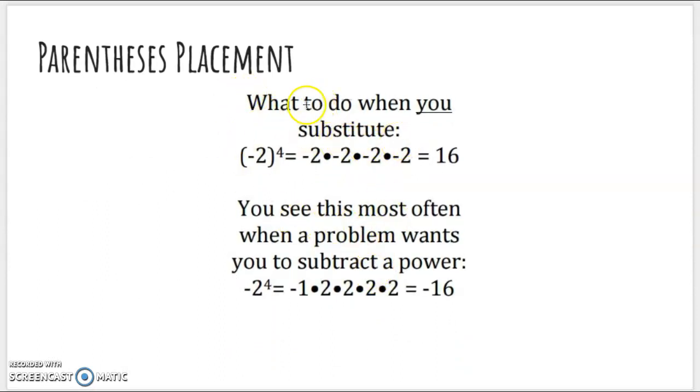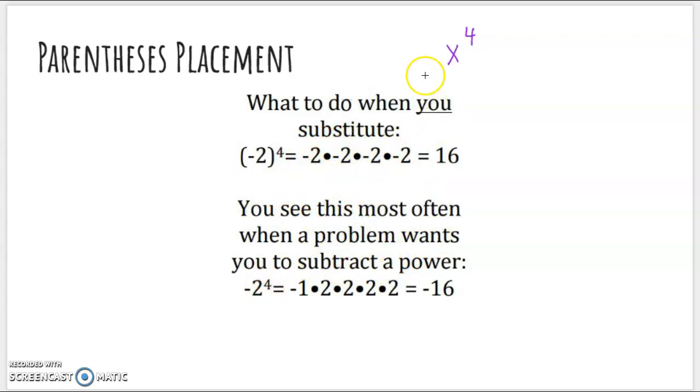Parentheses placement. When you substitute in something, especially into function notation, if I have x to the 4th and I want you to substitute in -2, that's why I emphasize so much that you need parentheses around it, because you're really trying to do -2 times itself 4 times.